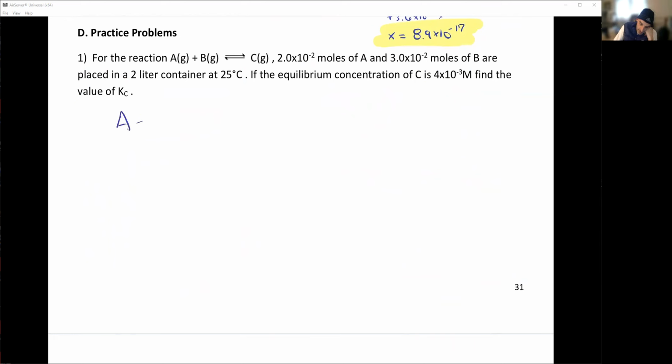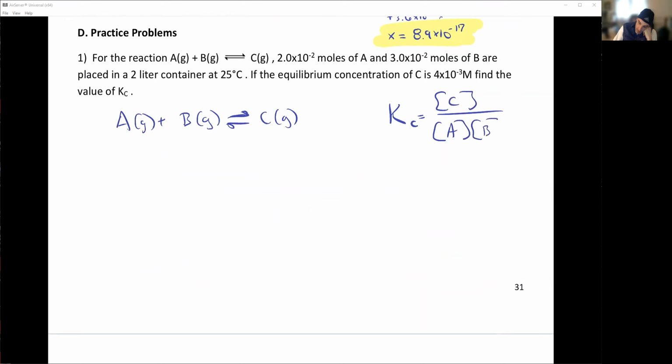A as a gas plus B as a gas is in equilibrium with C as a gas. My Kc is equal to the concentration of products, C, over the concentration of A times concentration of B.